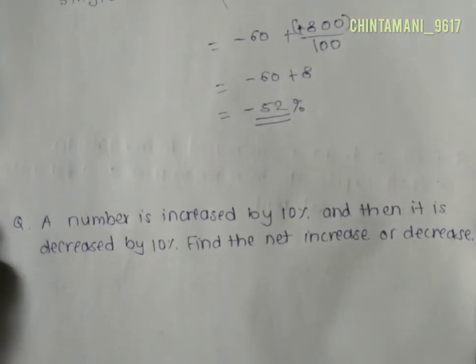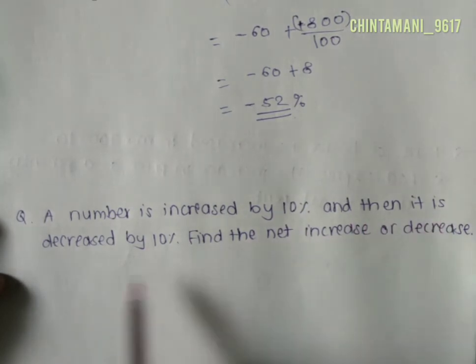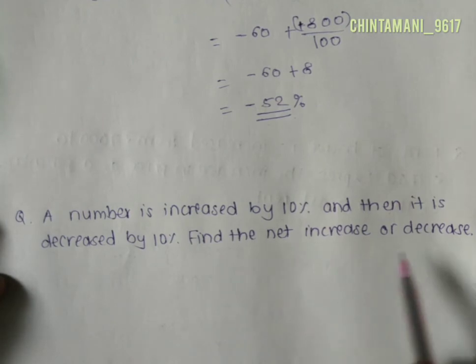So moving forward, a number is increased by 10 percentage and then it is decreased by 10 percentage. Find the net increase or decrease.